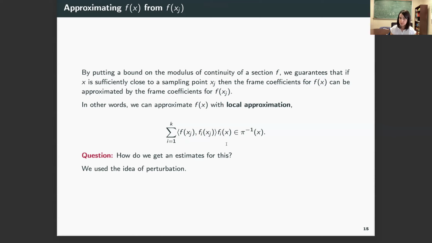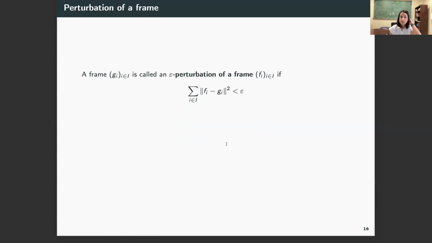But how do we get an estimate for this? The idea that we had for getting a good estimation for this local approximation is the idea of using perturbation. So I'm going to talk a little bit about how things change when I'm perturbing a frame. If I have a family of vectors g_i, I'm saying that this is an epsilon perturbation of my frame if the norm of the difference of f_i and g_i is bounded by this epsilon.